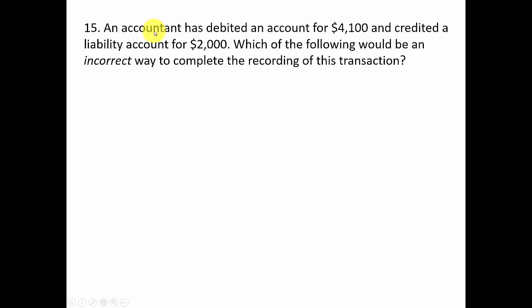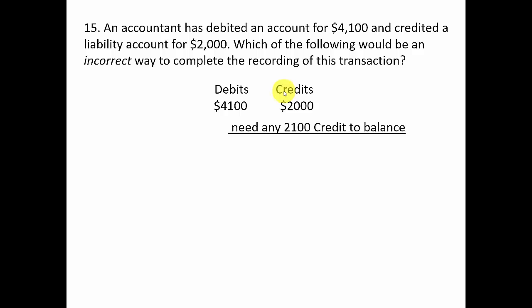If you have a debit for $4,100 and a credit for $2,000, you need $2,100 worth of credits to balance the transaction, because the $2,000 credit plus the $2,100 makes $4,100 worth of credits to match the $4,100 worth of debits. That's all I'm going to say about that.